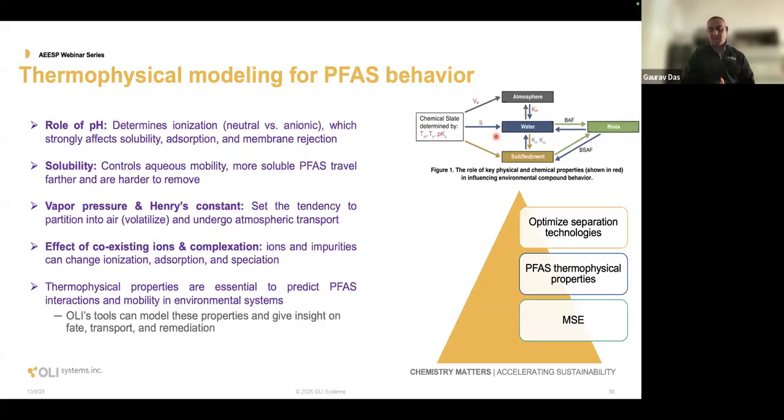And here, OLI's simulation platform could help us to critically evaluate experimental data and come up with a model which provides a good starting point.